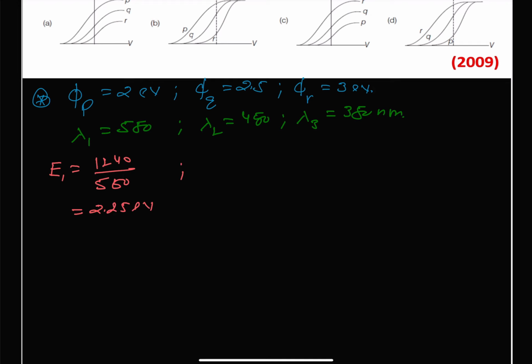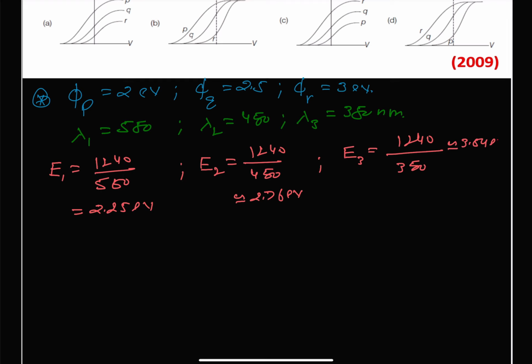Similarly, E2 will be equal to 1240 divided by 450, and this gives us approximately 2.76 electron volt. And we have E3, which is 1240 over 350, approximately coming as 3.54 electron volt. Now this is the energy associated with each photon.